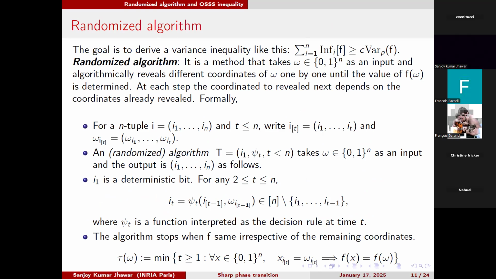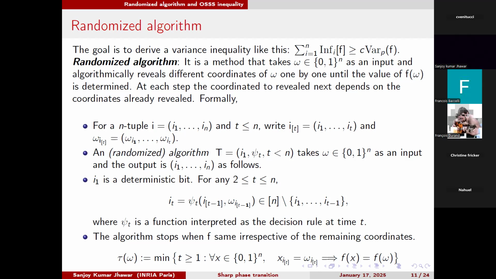Let's say you want to see what is the value of the Boolean function given the argument omega. Omega is a vector from the space {0,1}^n, and you don't want to explore all the coordinates of the vector omega.